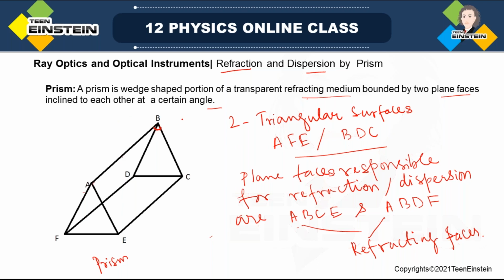That angle is denoted by A, and it is called the angle of prism. So the plane faces are inclined to each other by a certain angle, that is called the angle of prism. That is very, very important for refraction.